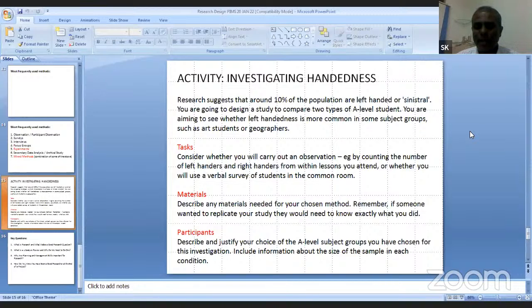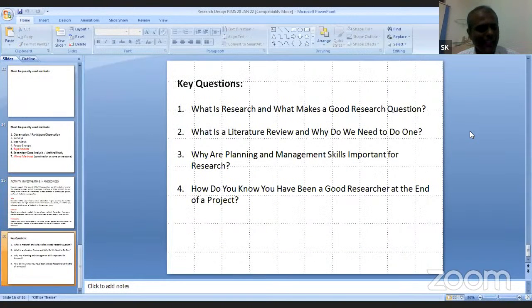So now I want to conclude by asking some key questions about the presentation that I made today. The key questions are: what is research? We learned about that, hopefully. And how to perform good research. Remember, we want to have best practices, but there is nothing called best research. It doesn't happen, so keep that in mind. There is no perfect research. So good research is what we are looking for.